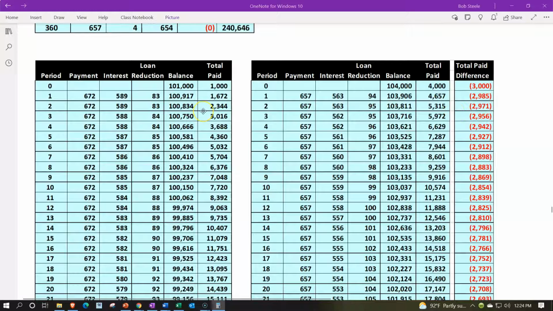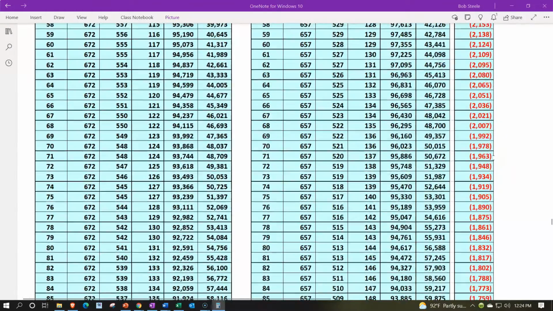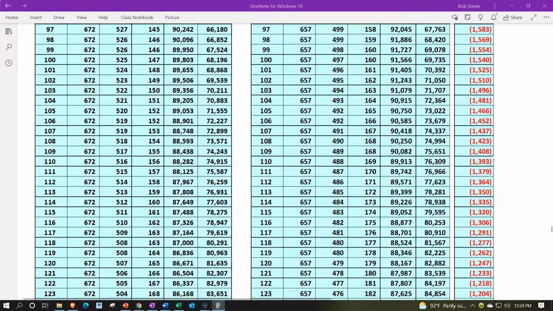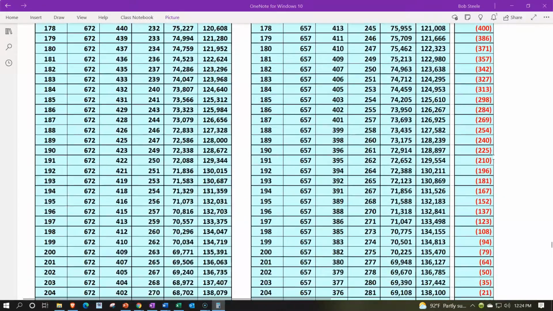You can also take the difference between the loan balances throughout the time frames and see where the loan balances flip, meaning this one is less than this one, and that'll flip. If we did that all the way down, we're subtracting these two. That's what this red column is. Where it flips is the point we're looking at. So that's the break-even point.